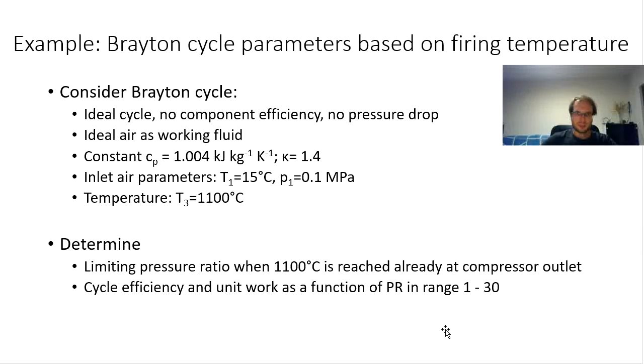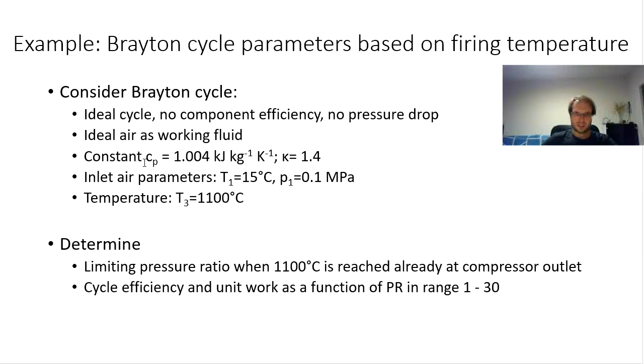And now we can move to our first example calculation, where we will explore the Brayton cycle parameters based on firing temperature, where we will assume ideal gas, no efficiency losses of the components, or ideal efficiency, meaning 1, and no pressure drops. Ideal air would be the working fluid.